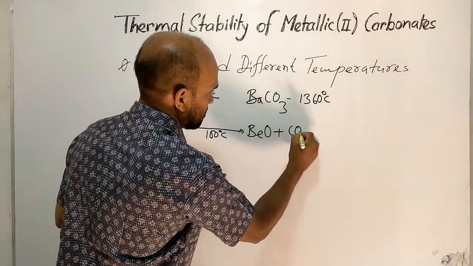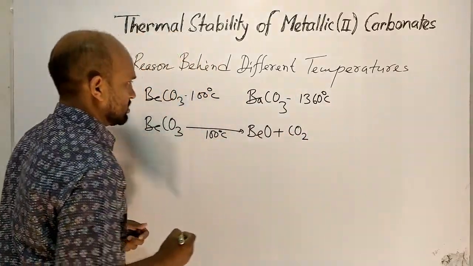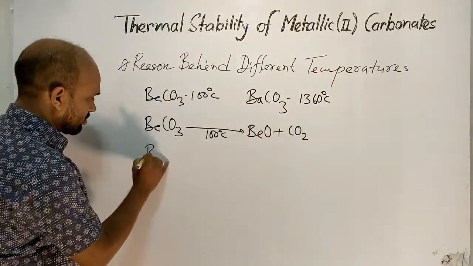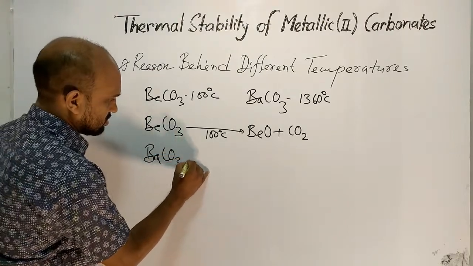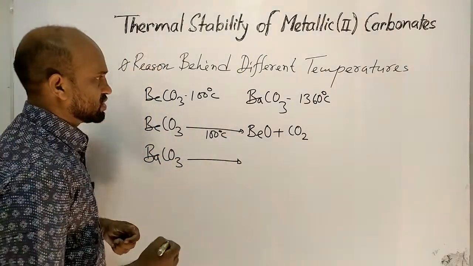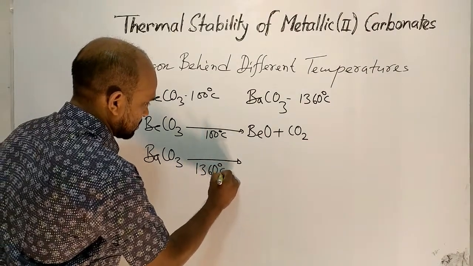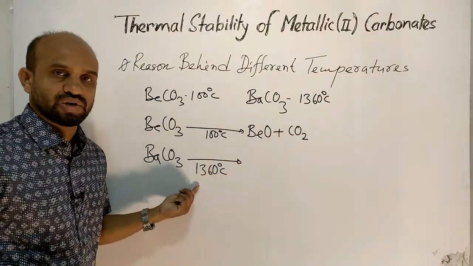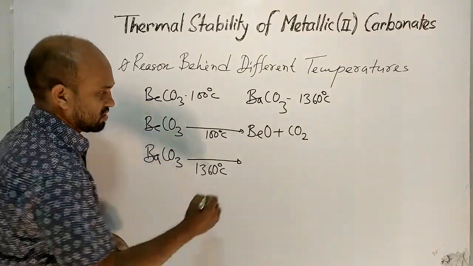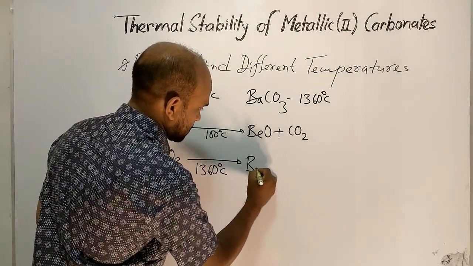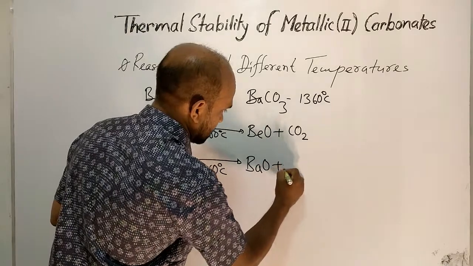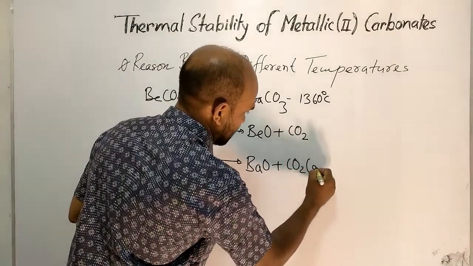That means to decompose this compound beryllium carbonate 100 degrees Celsius temperature, then we get beryllium oxide and carbon dioxide. And for barium carbonate the temperature is 1360 degrees Celsius, which is comparatively very high, and the products are barium oxide and carbon dioxide gas.